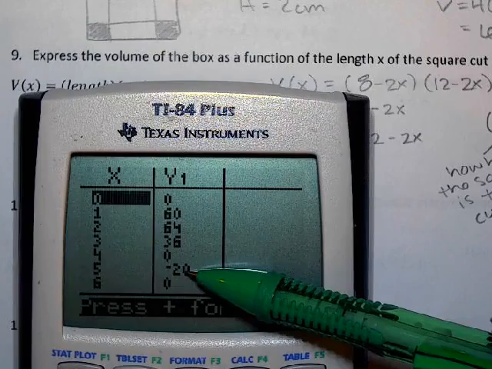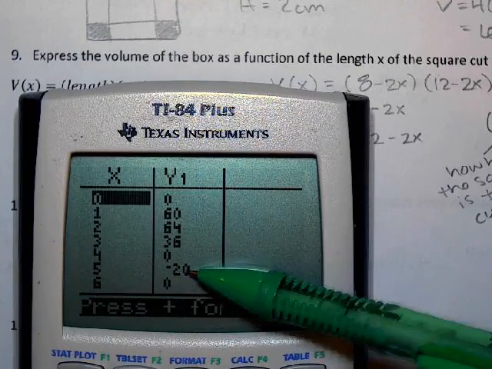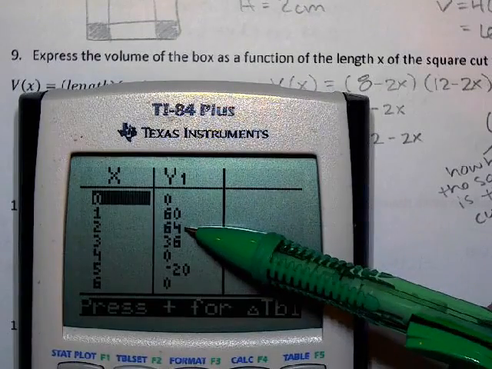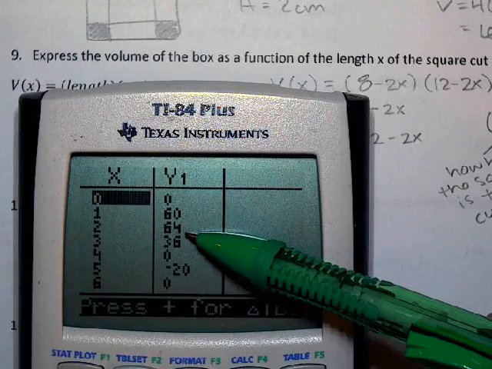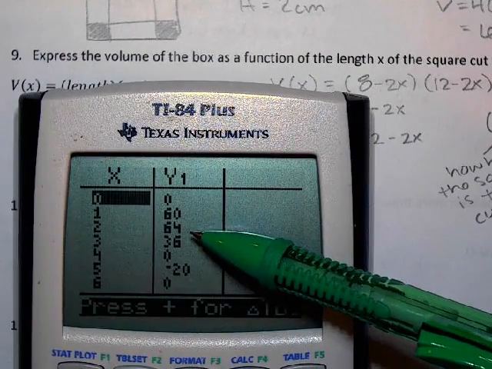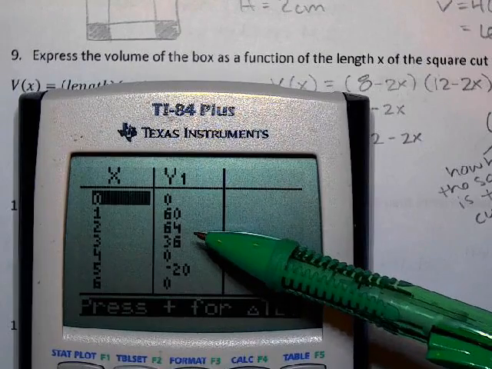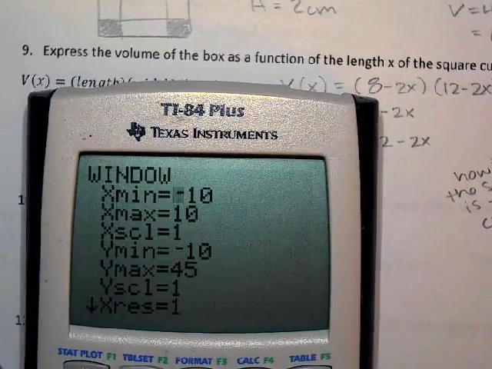Maybe 70, probably bigger than 70, maybe like 80. So I'm going to go ahead and hit my window button. Instead of having my y max be 45, I'm going to change it to be like 80. I just like to have a little bit of space above the top of my graph. So once we look at that graph, once we look at the table, we know how big to make our numbers.